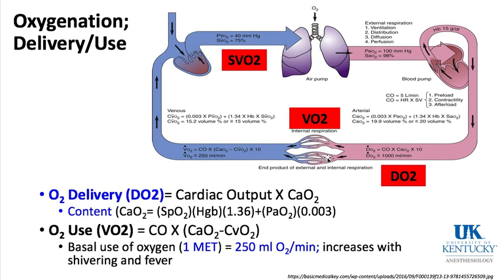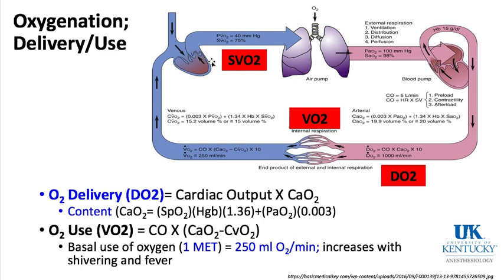So as the blood leaves the tissues after removing about 250 mils of oxygen each minute from basal metabolic rate, the content of venous blood then is decreased. And the content is actually about 15 volume percent, or 15 mils of oxygen for each 100 mils of blood, which was 75% of what it was in the arterial blood.